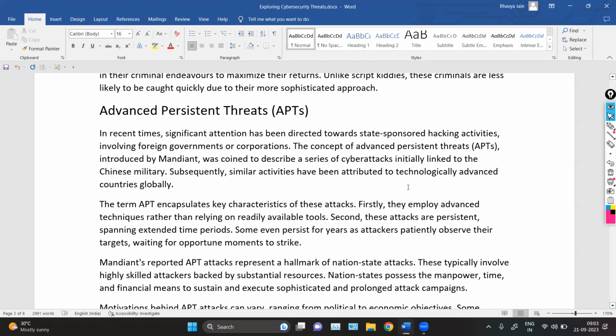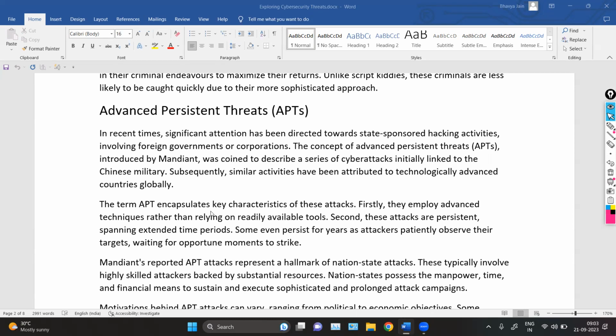So persistent is all about gaining long-term access inside a target machine. This is mainly done by state-sponsored hackers, or hackers hired by countries, mainly in wars, or even in cyber wars.